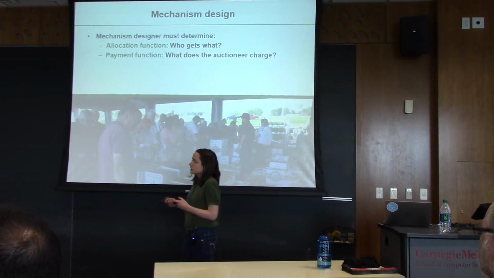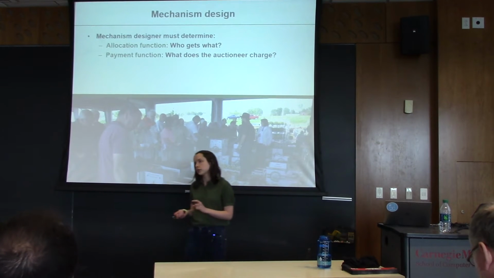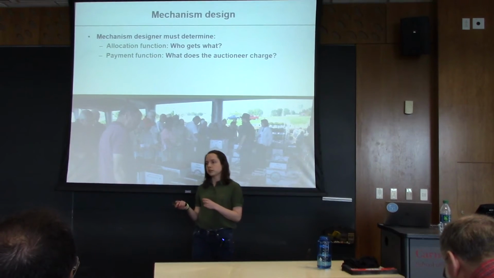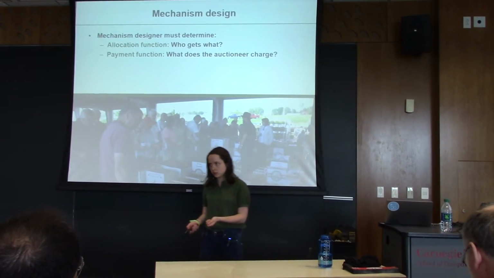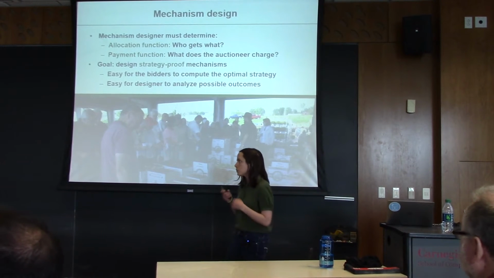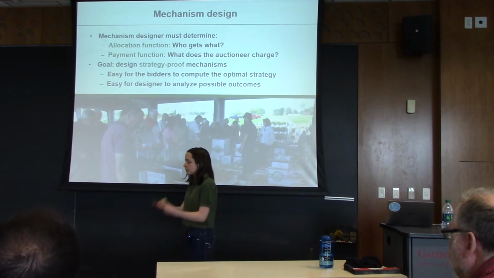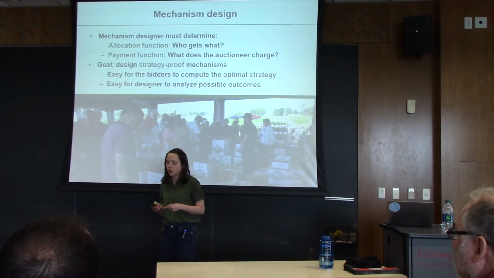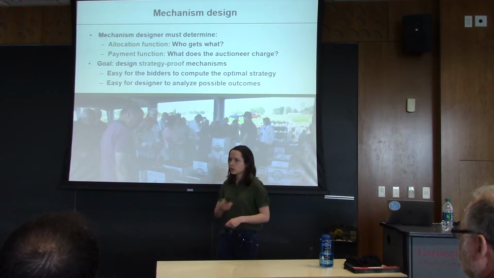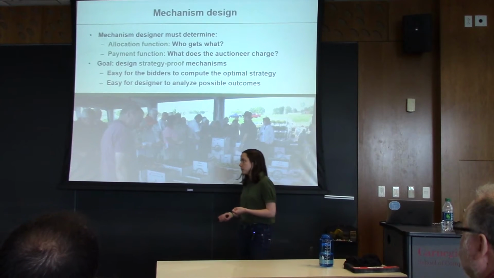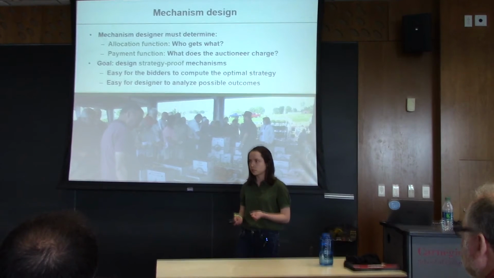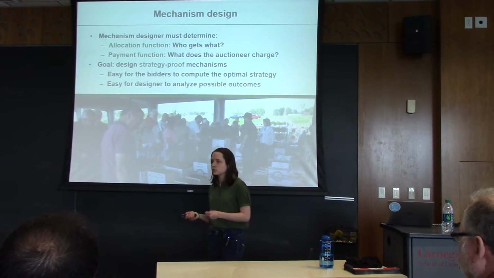But a lot of the time, the allocation and the payment function in conjunction will incentivize the bidders to lie about their valuations. But as is typically done, we're going to restrict the design space to those auctions we can prove are strategy proof. By strategy proof, I mean that it is in the bidders' best interest to report their bids truthfully.